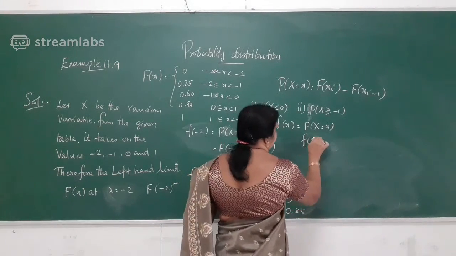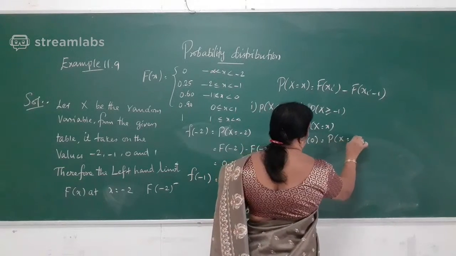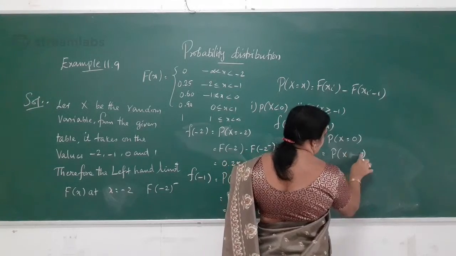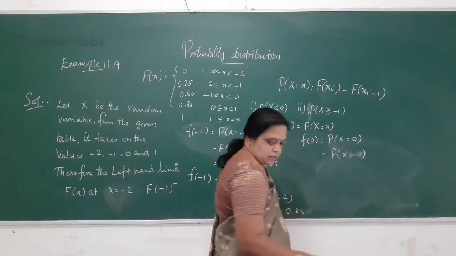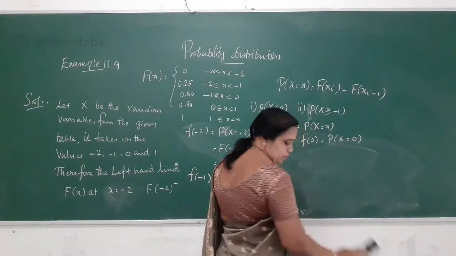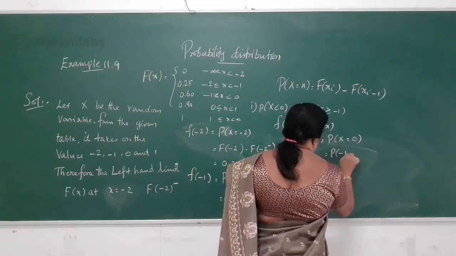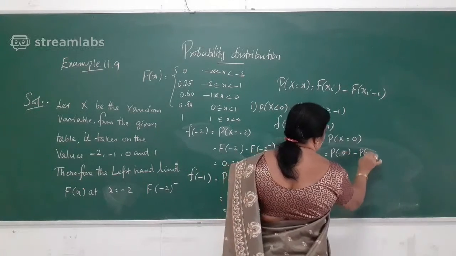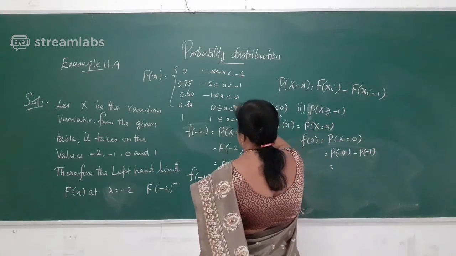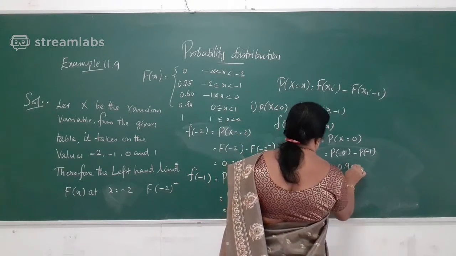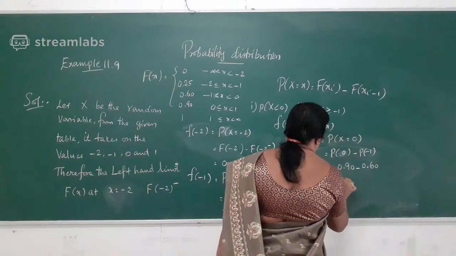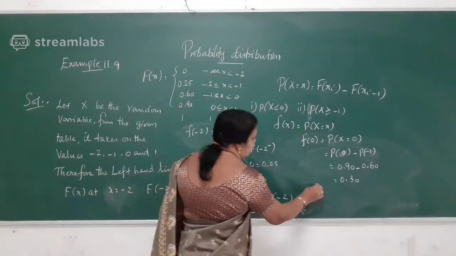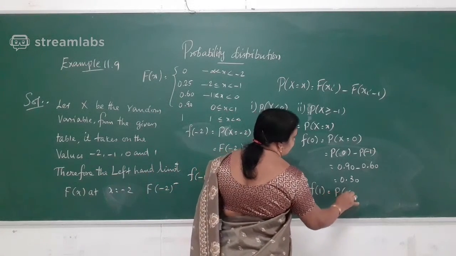Then, in the same way, we have to find f of 0 and f of 1. f of 0 means p of x is equal to 0, which is f of 0 minus f of minus 1. What is f of 0? It is 0.90 minus 0.60, so 0.30. Here it is jumping. Next, f of 1 means p of x is equal to 1.